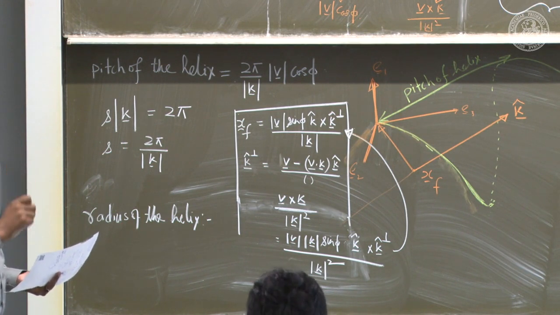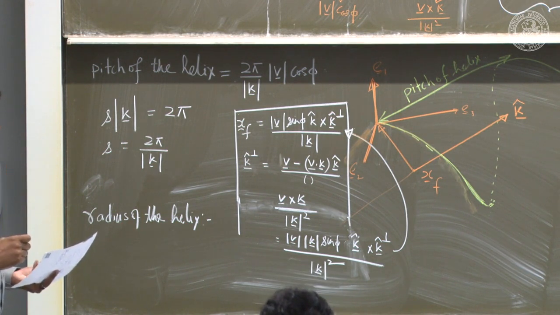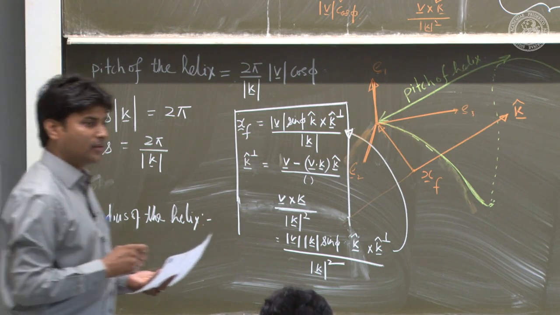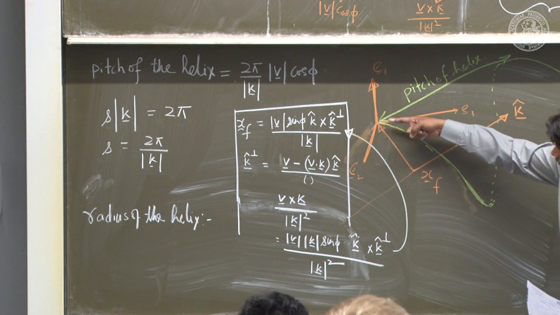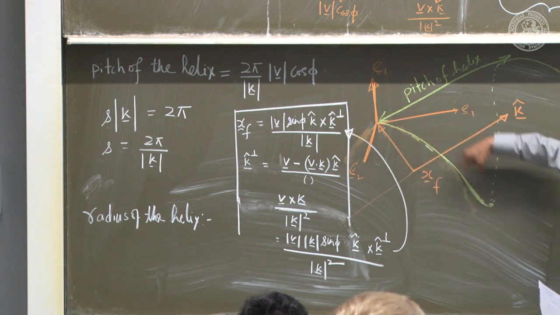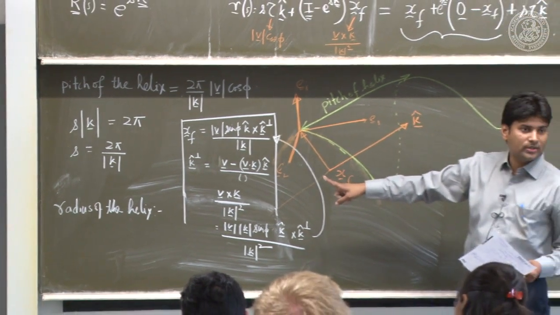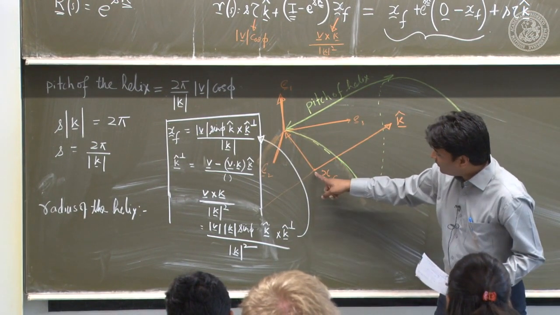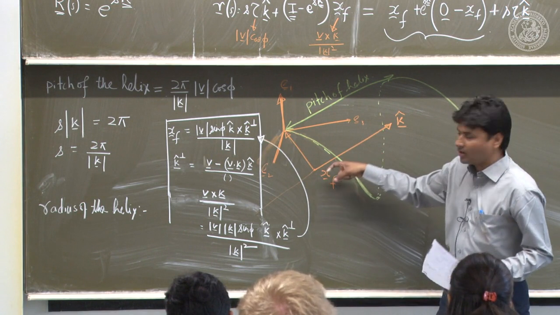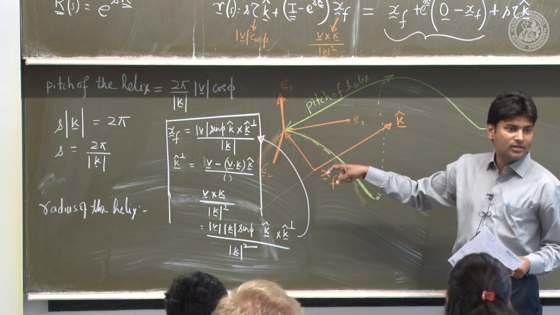Yes, XF? Why do you think so? Of course, whatever the circle is there, it should be the radius of that circle. But for that, this XF must be perpendicular to k hat, isn't it?